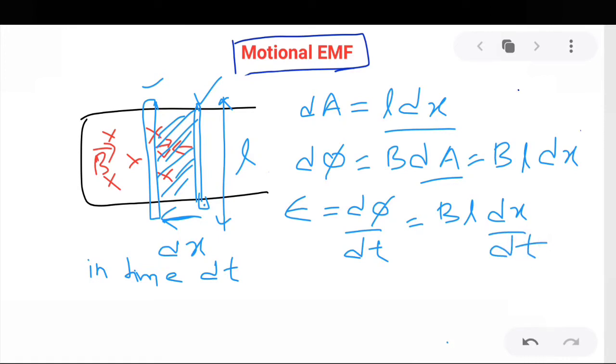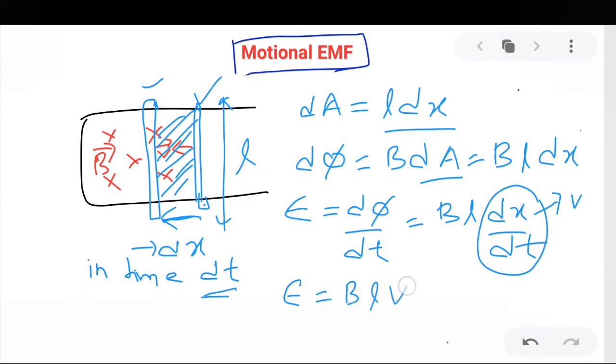Now it has moved through a distance dx in time dt and it is moving with velocity v, so dx by dt can be replaced by v. That gives EMF equal to BLV. So this is the expression for the EMF induced across the two ends of this conductor which is moving in a magnetic field, and this is called motional EMF.